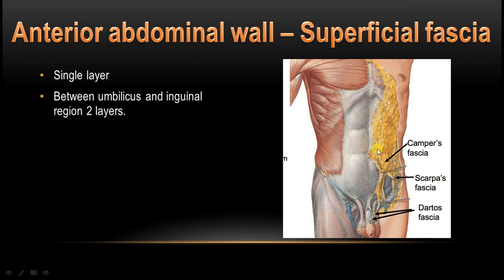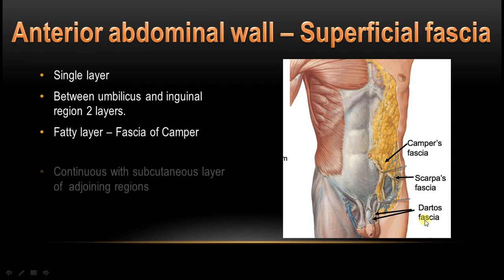We cannot separate them. Coming to the fascia camper, it is subcutaneous and it blends with the fascia of the adjoining region over the skin of the lower limb or the thigh, and it continues subcutaneously into the scrotum as the dartos fascia or the dartos muscle.